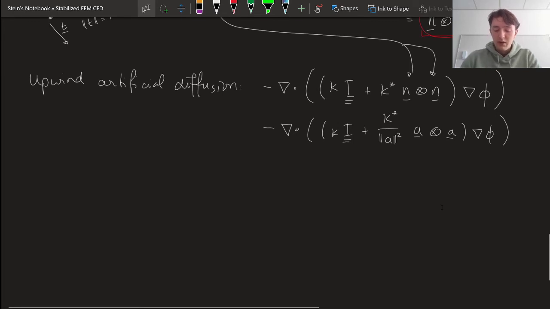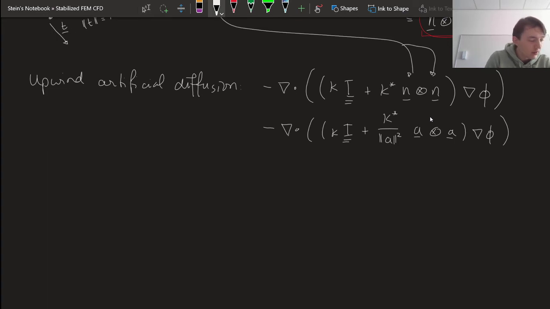Okay. So then, how does this eventually show up in a weak formulation? Now remember, in the weak formulation, we multiply this by a test function, and we integrate over the domain, and we do integration by parts.